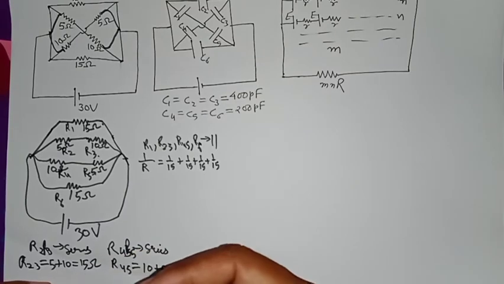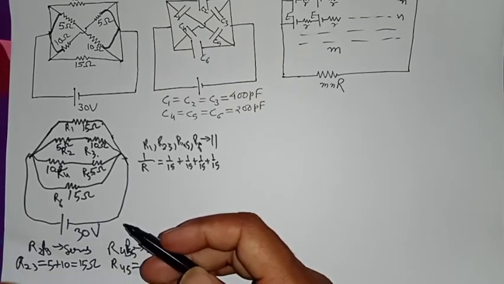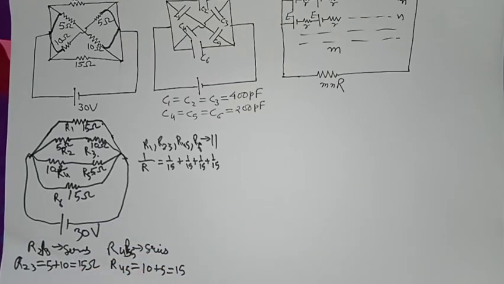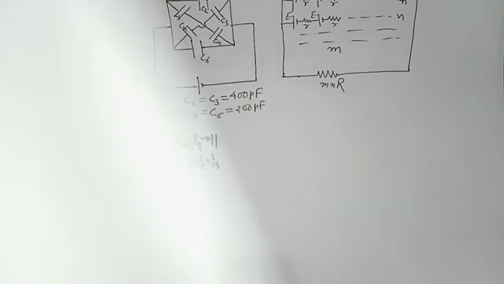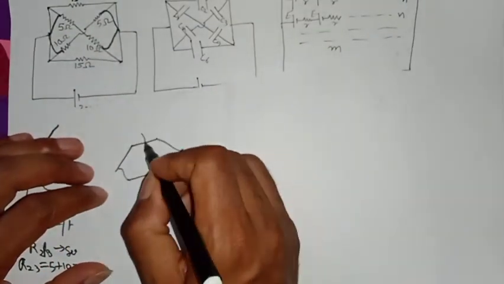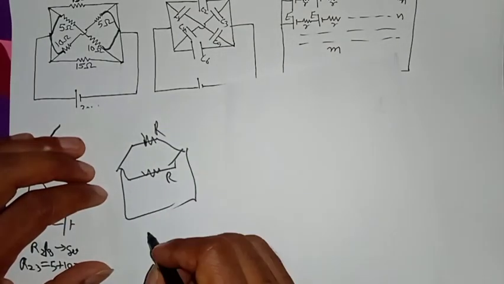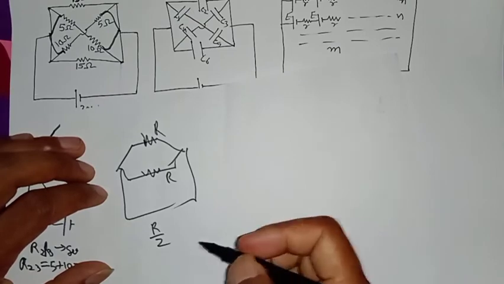And okay, I'm telling you a shortcut: if two, three or more resistors of the same resistance are in parallel, then there is a shortcut. You can save your time like this. If there are two resistors R, R in parallel combination, then their resistance will be R by 2, straightforward.